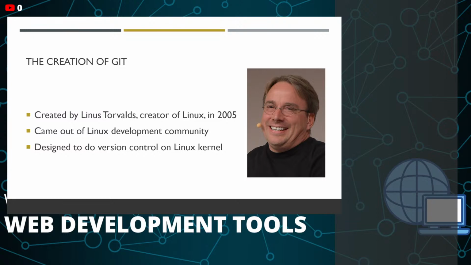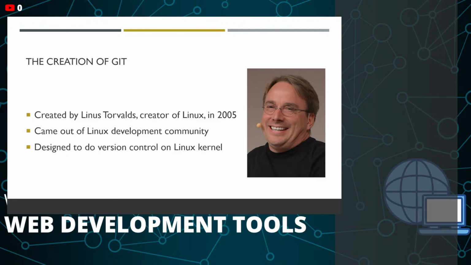But when you have hundreds or even thousands of people working on things like the Linux kernel, you have to have a way to keep everybody from running into each other, to allow everybody to work on these projects and make good changes. And so that's Git, basically.